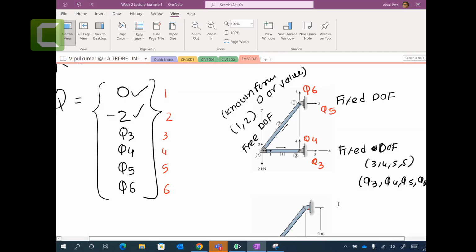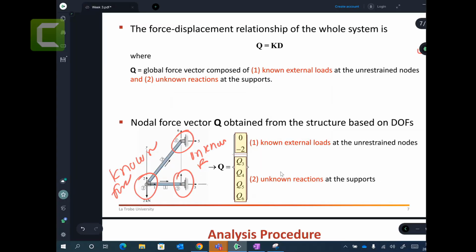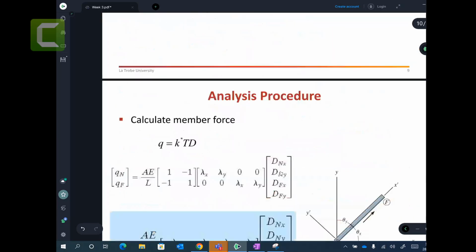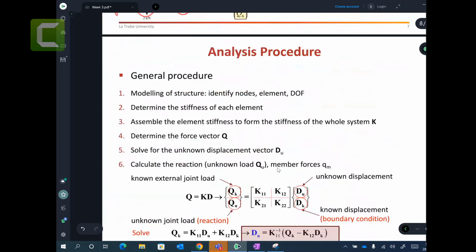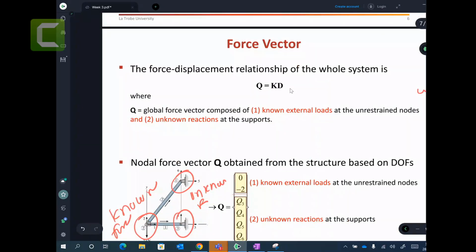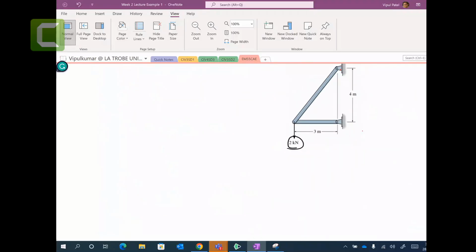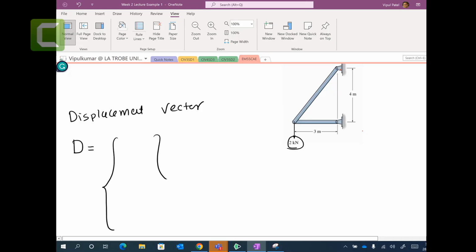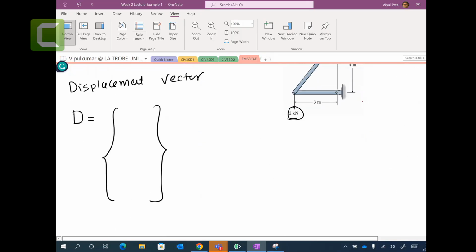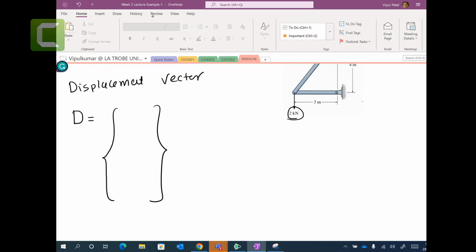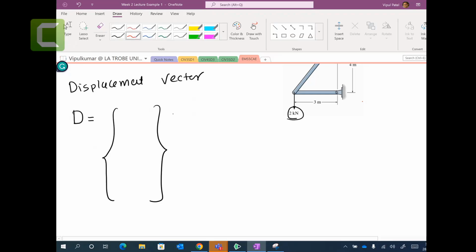For the displacement vectors, let me go back to my lecture notes here. Before we go on to the analysis procedures, let me go back to the displacement vector. Now the displacement vector D is exactly the same as the Q vector here, which is 1, 2, 3, 4, 5, and 6.